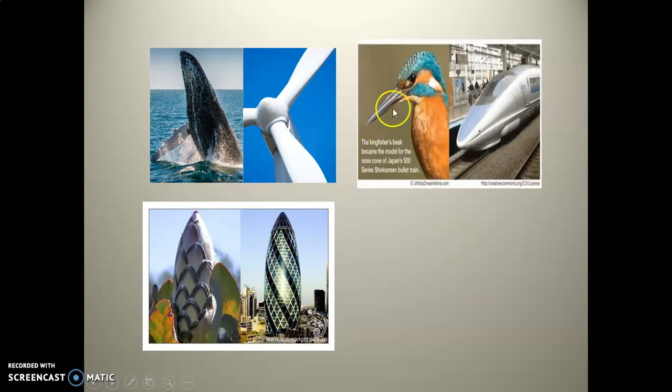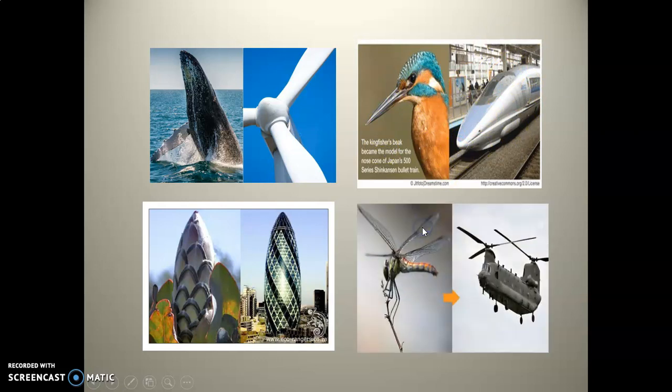This is the beak of a bird, and the bullet train design is taken from the beak of the bird. And this is an insect, and we can design a helicopter with the help of the insect design. So this is how biological life is helpful in designing new systems.